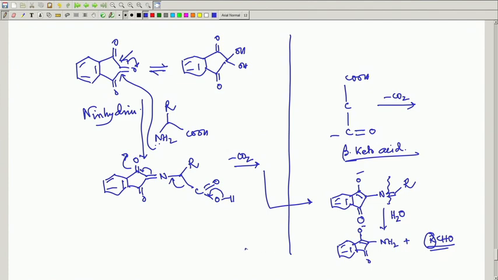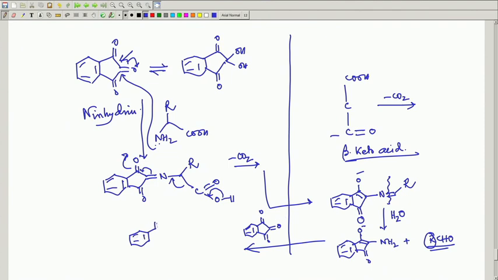Now, what will happen? This amine that is generated reacts with another molecule of ninhydrin, because this amine is now a new nucleophile that is formed. So, this new nucleophile will react with ninhydrin. Again this amine is going to attack this carbon, followed by expulsion of water.